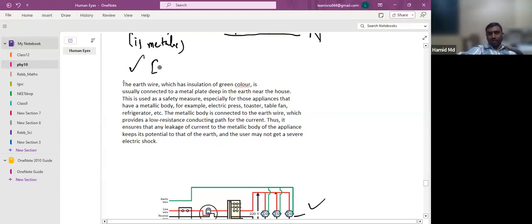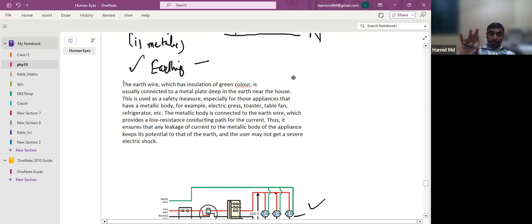What is earthing? This is worth noting down: the earth wire has insulation of green color. These are the standard color codings: green, red, and yellow, black. If there are three wires, you will always find green, red, and black.